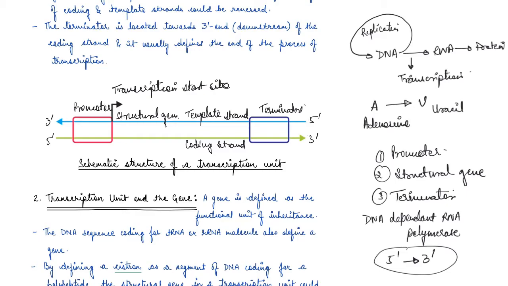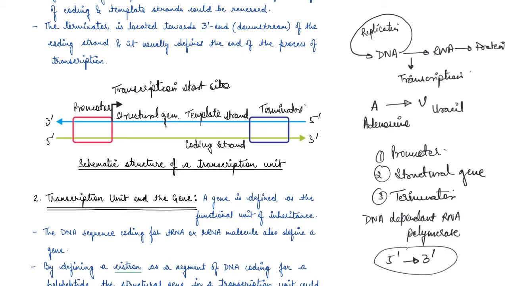Now what I said is that whatever we discuss, the point of reference will be the coding strand, right? So the promoter region is located towards the 5' end of the structural gene, right?